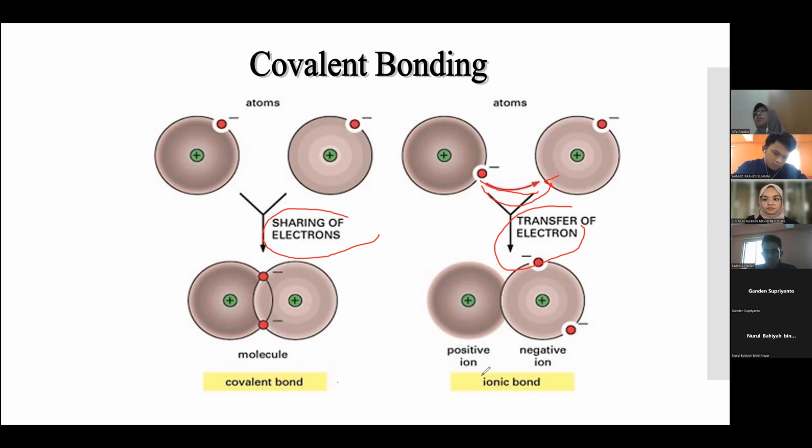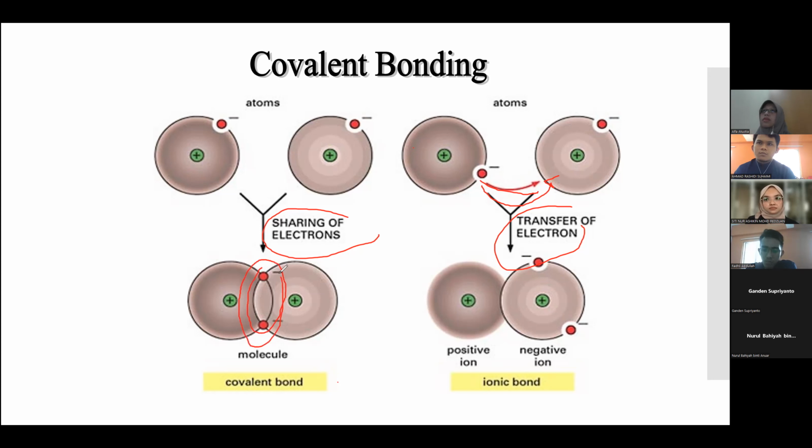But in ionic bond, there is no orbital overlap. The interaction comes from the Coulombic force, between positive charge and negative charge. But in the covalent bond, the bonding is because of the overlap from the sharing of electrons.